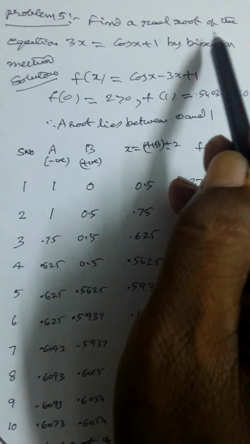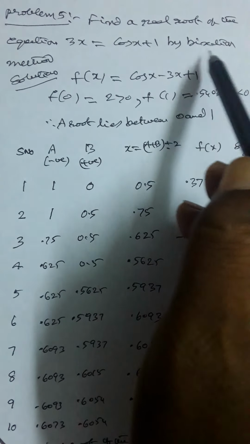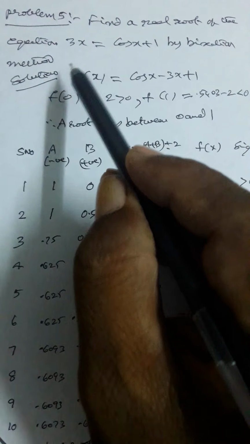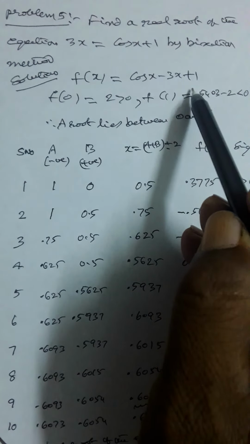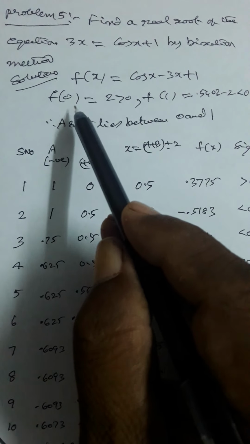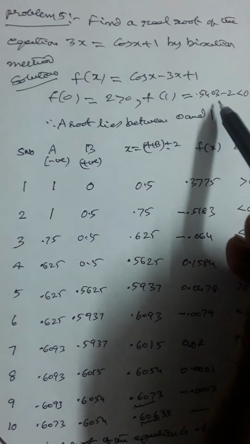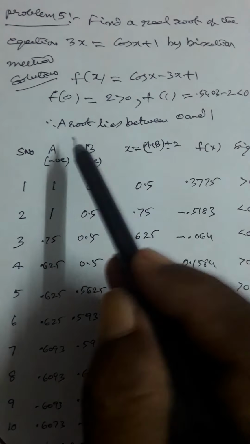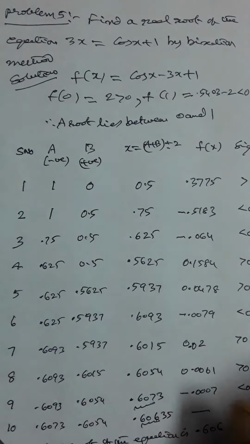Find a real root of the equation 3x is equal to cos x plus 1 by the bisection method. Solution: f of x is equal to cos x minus 3x plus 1. f of 0 is 2, greater than 0. f of 1 is negative. A root lies between 0 and 1. Tabular form.